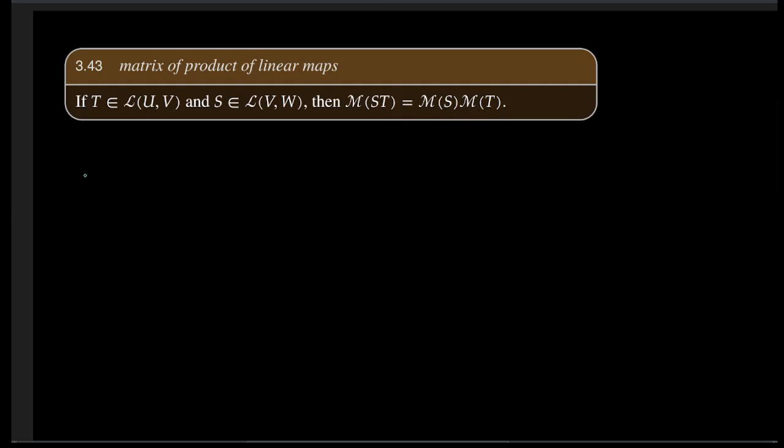I'll write this out more specifically now. So here, let's do the proof. All right. This will also, I think, make clear why we define matrix multiplication the way that we do.